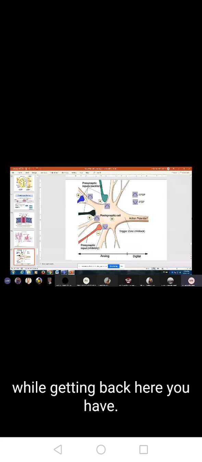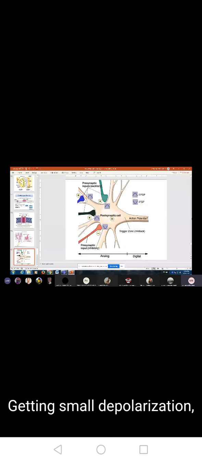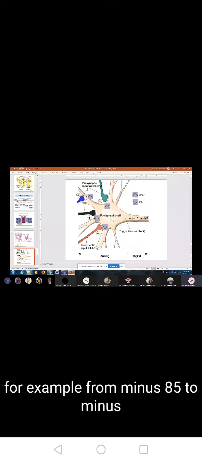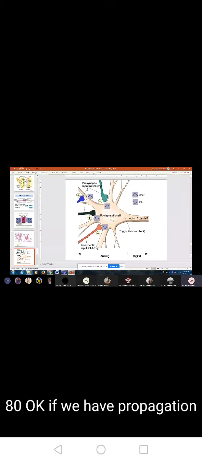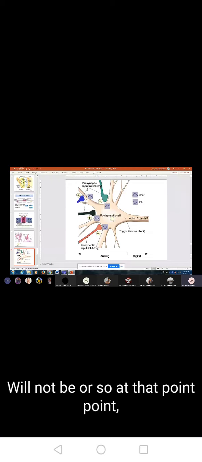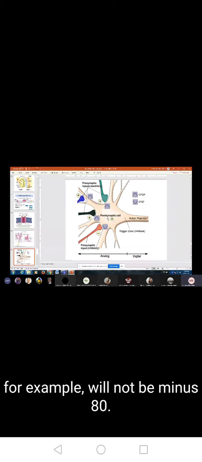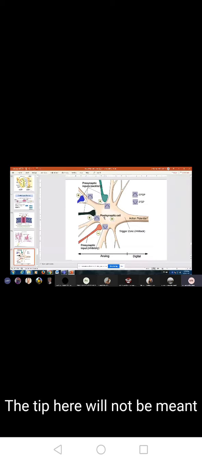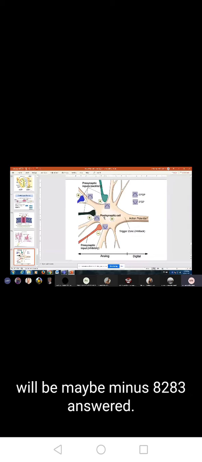Here you are getting a small depolarization, for example, from minus 85 to minus 80. Okay? If we have propagation over a distance, the wave at that point will not be minus 80, for example. The tip here will maybe be minus 82, 83, and so on.